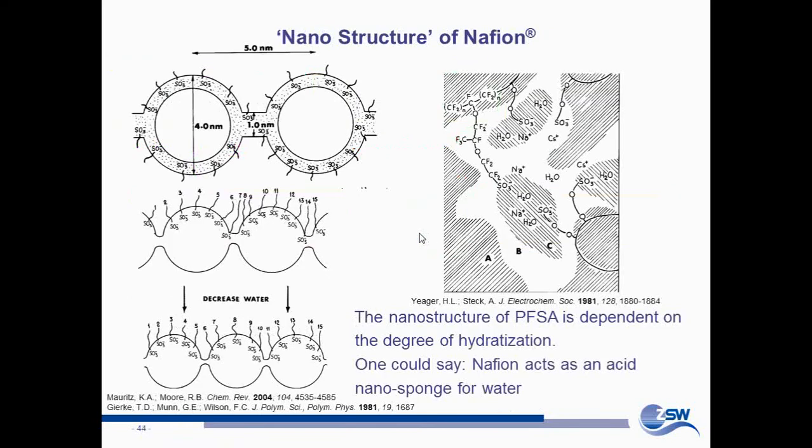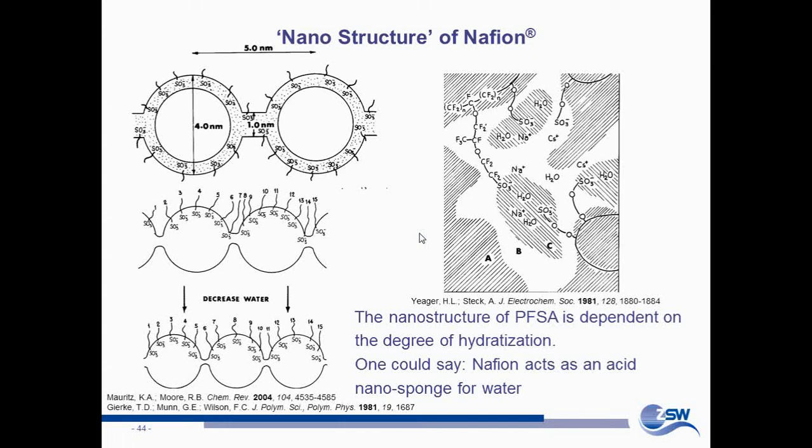Now, how can we think of these polymer electrolytes? And we can get again into heated structural debates. The oldest model is something like connected pores of some 4 nanometers in diameter, connected by channels of about 1 nanometer in diameter.